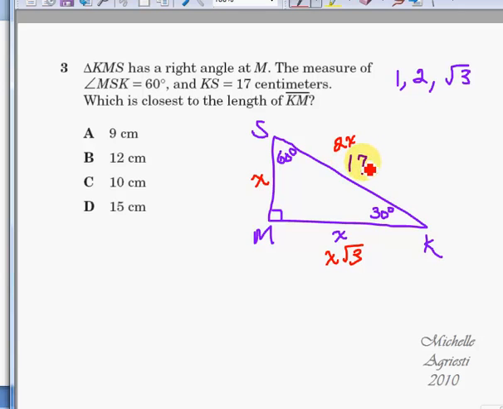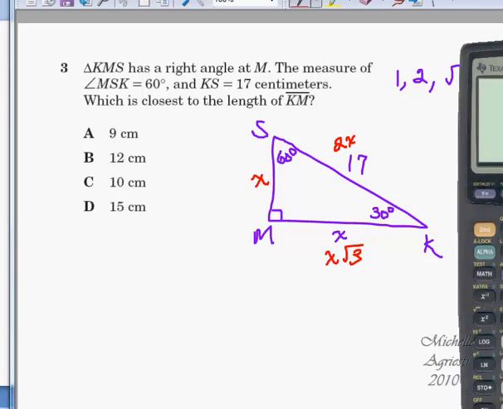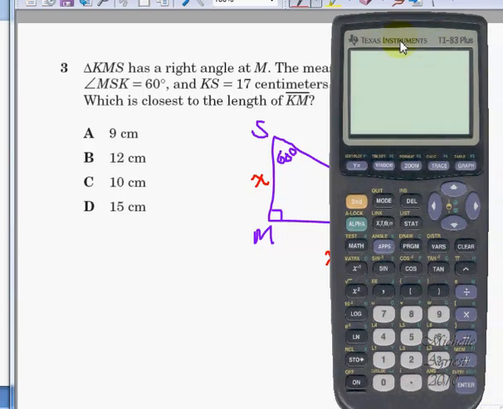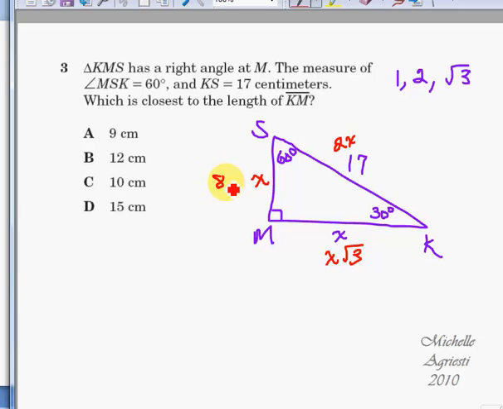And so I know it's twice the short leg, so if this is 17, the segment SM is going to have a length of 1/2 of 17. And let's just use a calculator in case you have trouble with that. We want 17 divided by 2. 8.5. So this is 8.5.